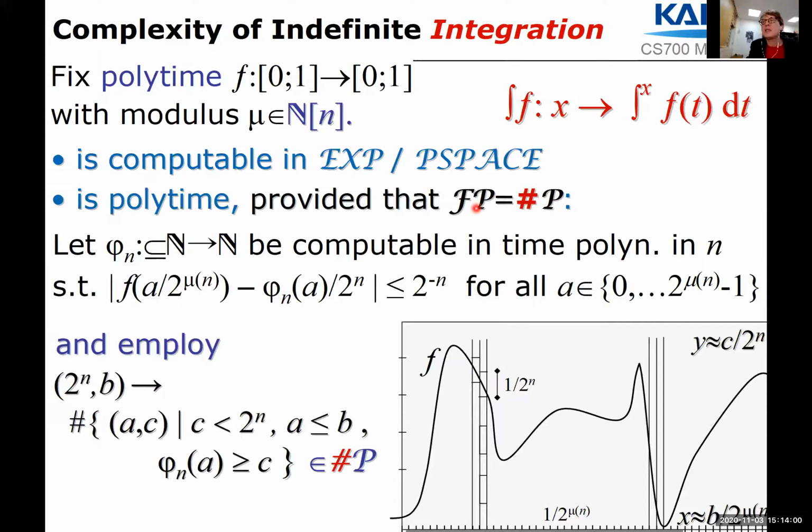And FP is the class of not decision, but function problems that can be computed in polynomial time. So here we're quite rigorous.